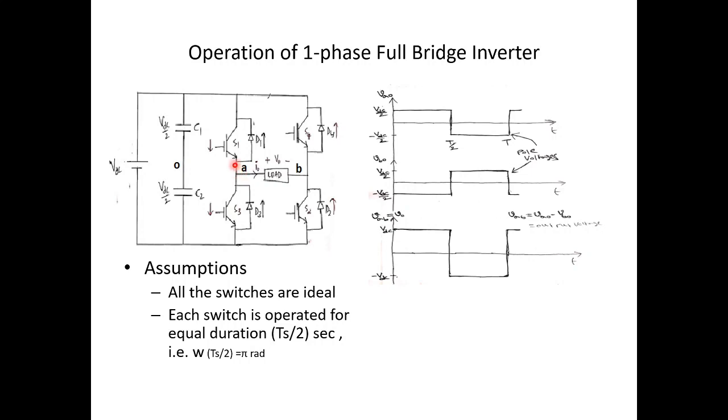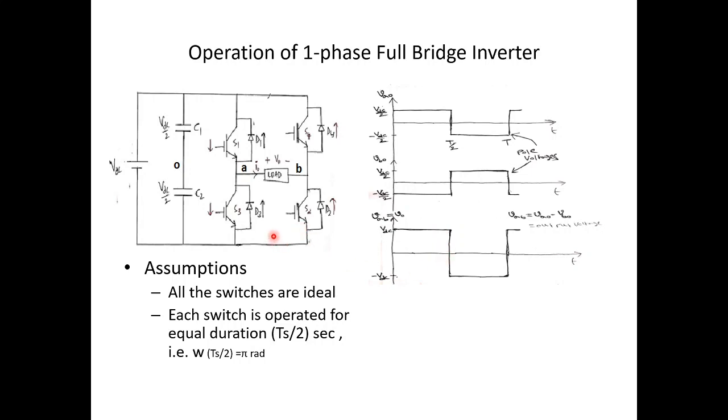Because the top switch is conducting, pole voltage VAO is equal to VDC by 2 and VBO is equal to minus VDC by 2 as this switch is conducting. So what is VAB? That is equal to VAO minus VBO, which is the same as VDC. So that is for the first half cycle.